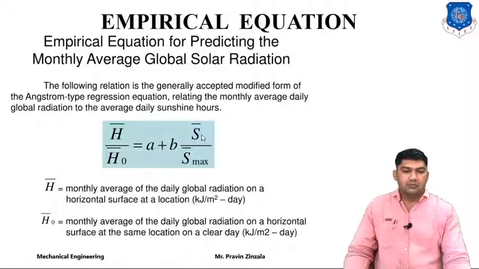Here S means sunshine hours, and S maximum is the maximum sunshine hours. a and b are constants, which may also be given in the example or given data. For our Ahmedabad, the value of a is 0.28 and b is 0.48. They may vary with location, and they are constants.